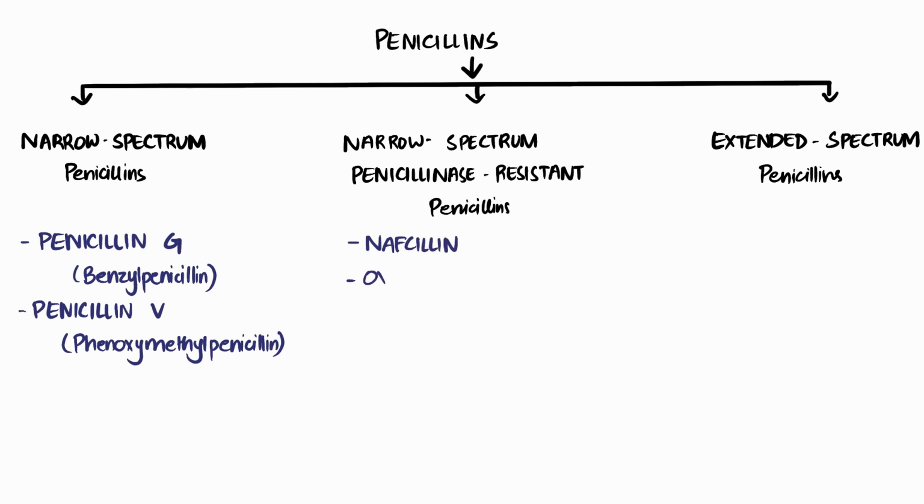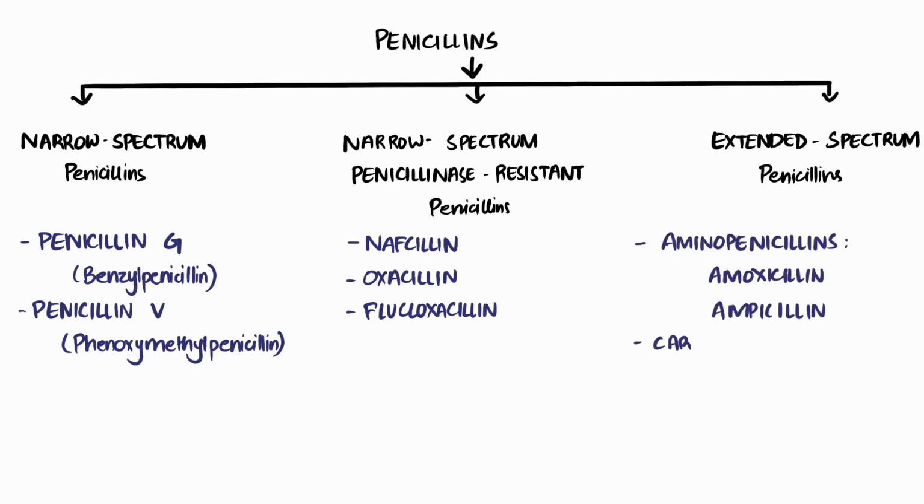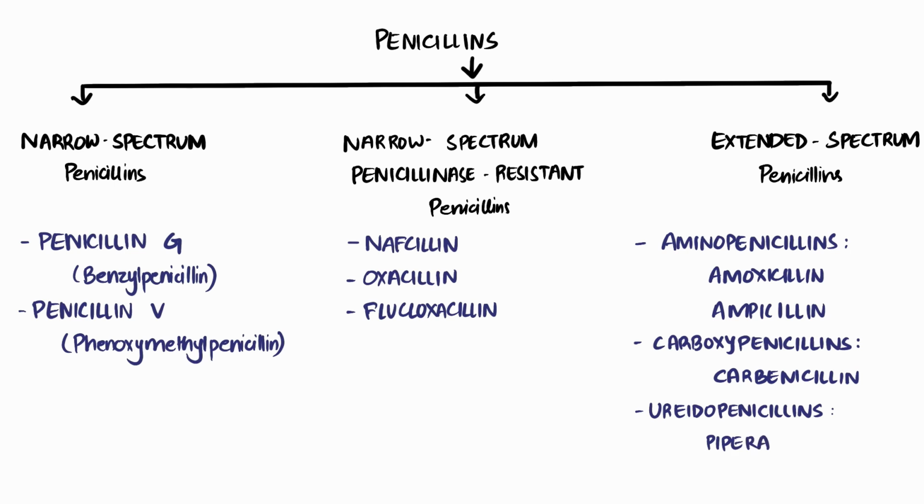Then we have nafcillin, oxacillin, and flucloxacillin, which come under the narrow-spectrum penicillinase resistant penicillins. And finally, we have extended-spectrum penicillins, which include aminopenicillins, which has amoxicillin and ampicillin. We've got carboxypenicillins, which has carbenicillin, and finally ureidopenicillins, which includes piperacillin.